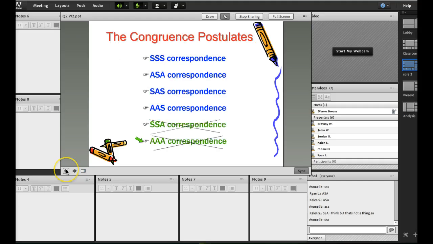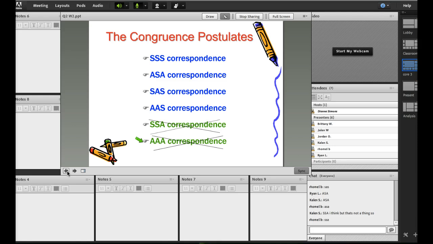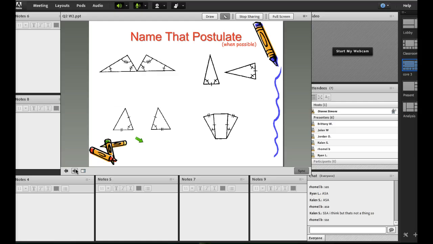I don't remember. And this one's saying that it is. Oh, okay. Side. That is one. Okay.